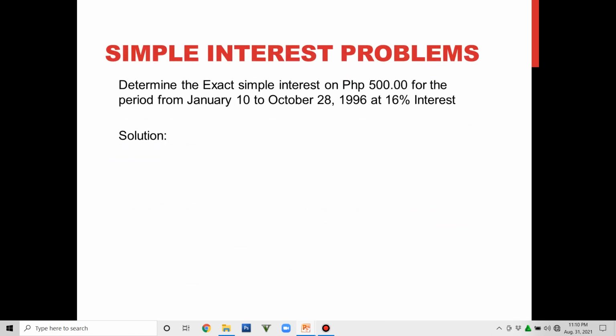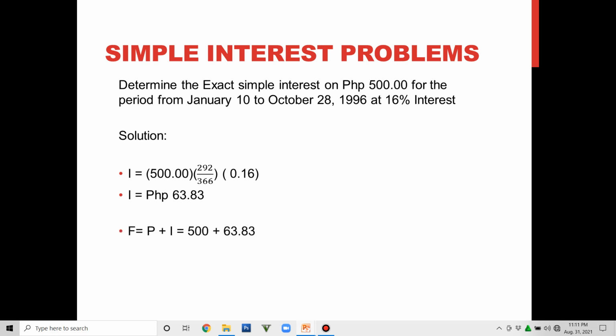With the continuation of the solution, we'll just have to substitute the principal, the number of interest periods, and the interest rate itself to come up with 63.83 pesos. Again, if you are concerned with the future worth, we'll just have to add it to the present value or the principal of 500. So we'll arrive at 563.83 pesos.